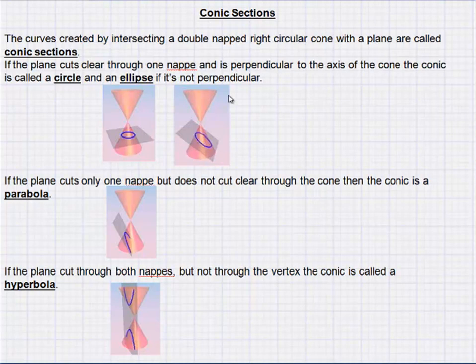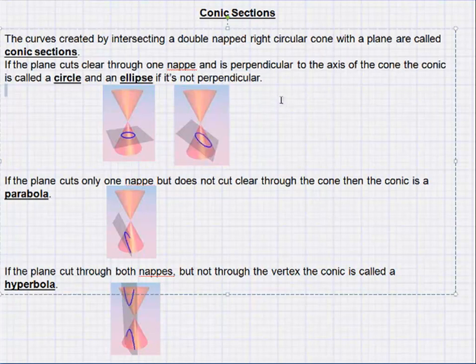In this lesson we're going to begin a new topic called conic sections. Now, conic sections are based off of intersecting two cones where their points touch. So a picture like this.